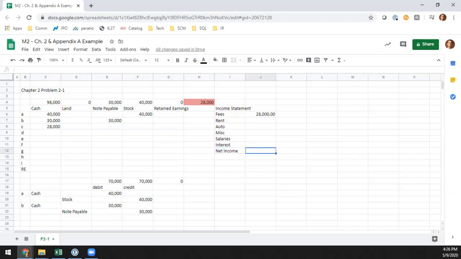And then our net income is our revenue, which is fees, minus our expenses, which are all these that we've listed below, 28,000. Oh, it doesn't work because that ought to be there.